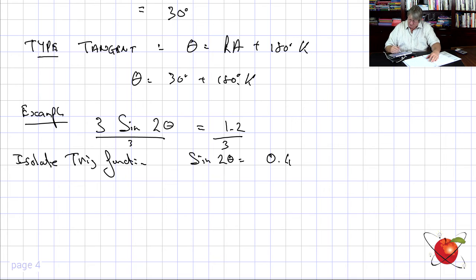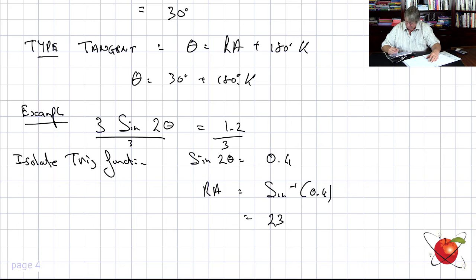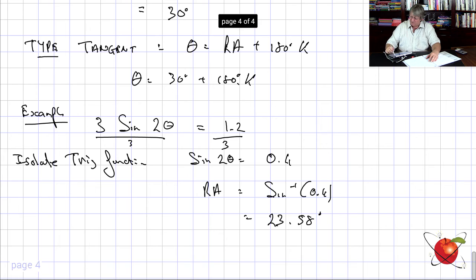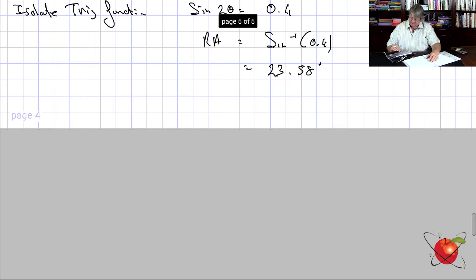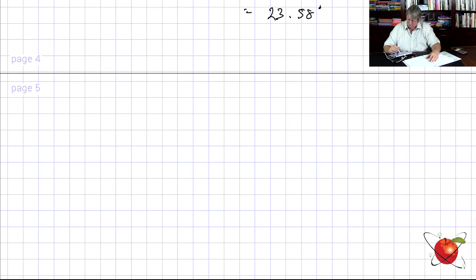Correct? Now I say, right, therefore, reference angle is inverse sine of 0.4, which is going to be 23.58 degrees. Okay, now you are going to find that these angles start to come in where they are not totally beautiful, or straightforward.